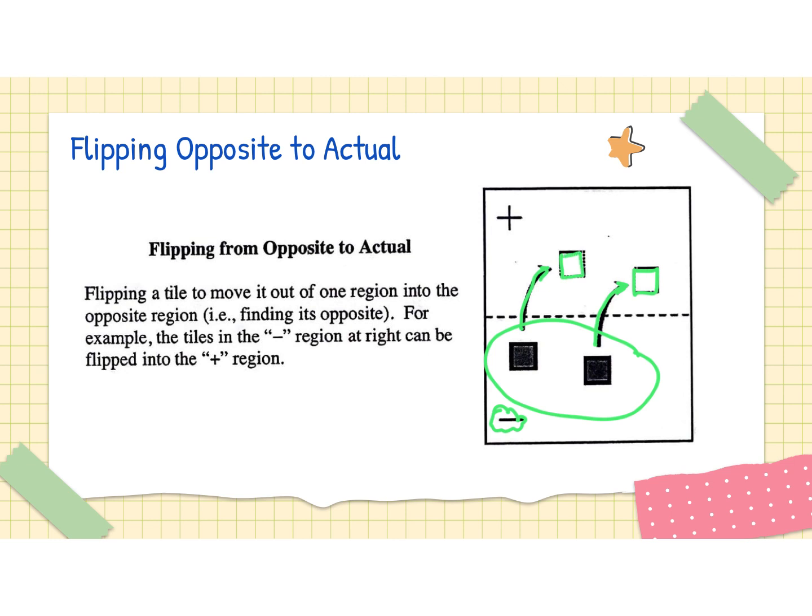As you can see here in the example, we had 2 +1 unit tiles. When we flipped them and moved them up into the actual region, they each became a -1 unit tile. Again, if you set yourself a key and you say flip, that's all you need to do. Otherwise, you need to somehow indicate that you are flipping them. Otherwise, it'll have to be marked incorrect.